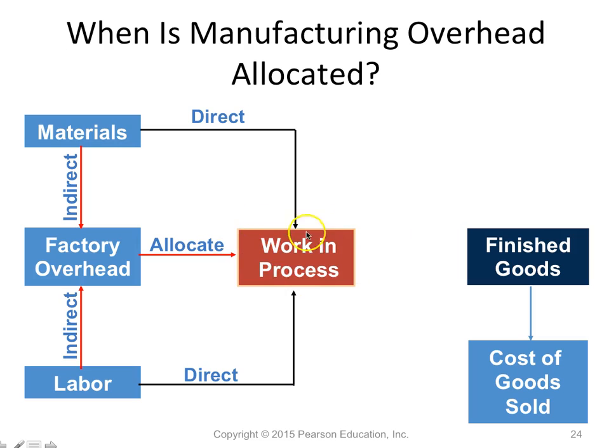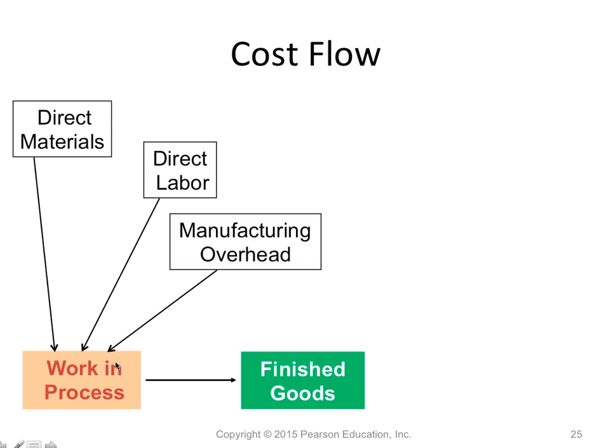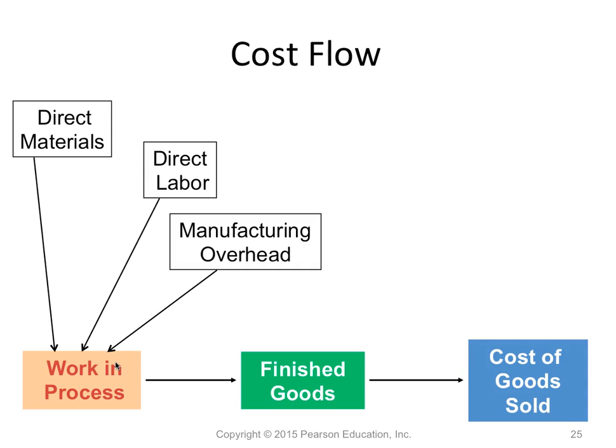When work in process is finished, it becomes finished goods, and the finished goods will be sold, and then we have cost of goods sold. So basically everything has been allocated to work in process. For the flow of cost, we have direct material, direct labor, and manufacturing overhead. They all go into work in process, and the work in process becomes finished goods, and the finished goods will be sold and become cost of goods sold.